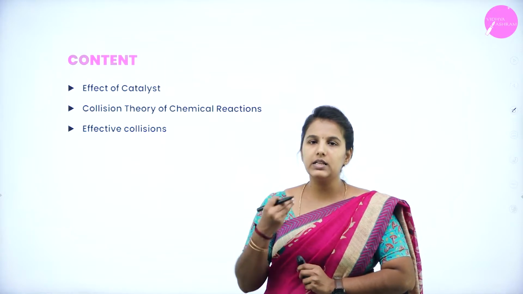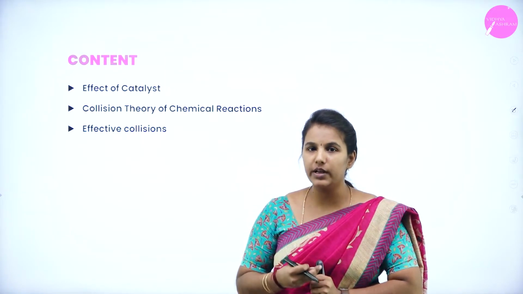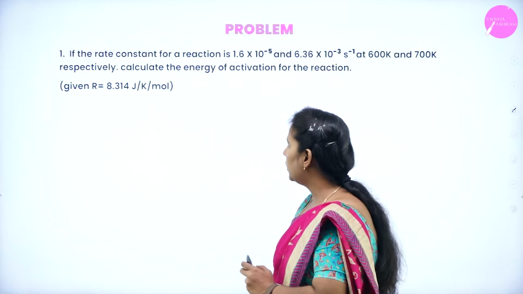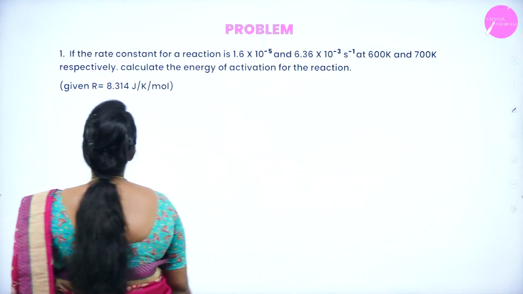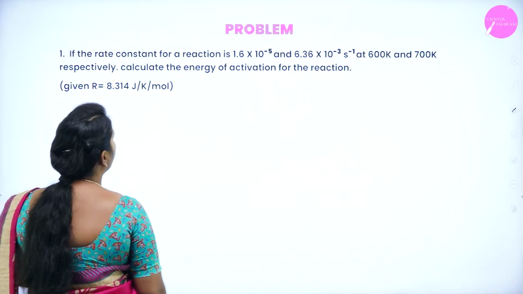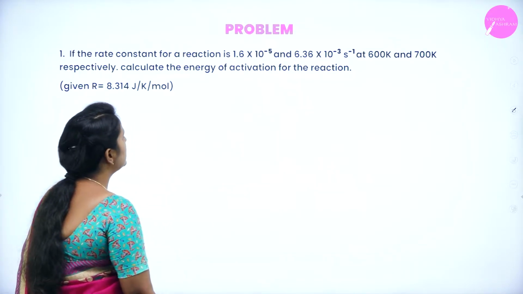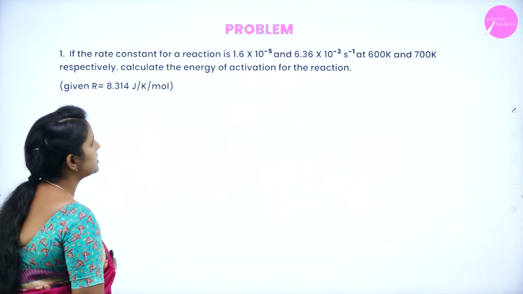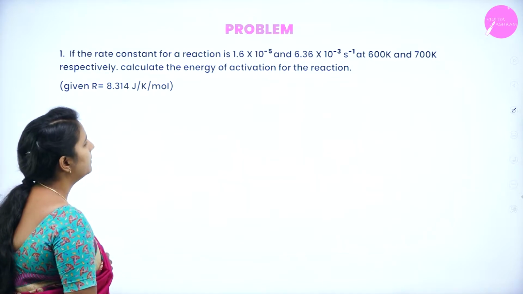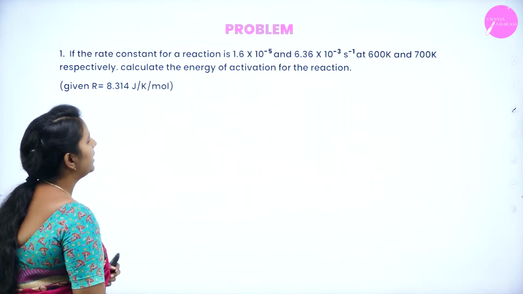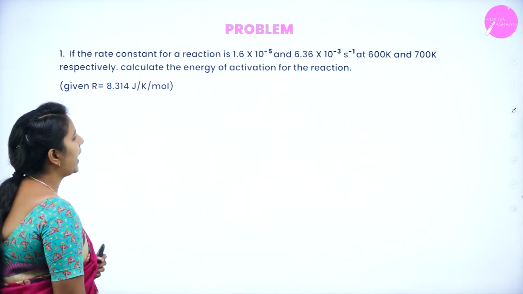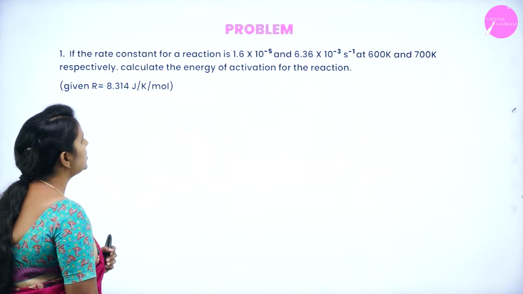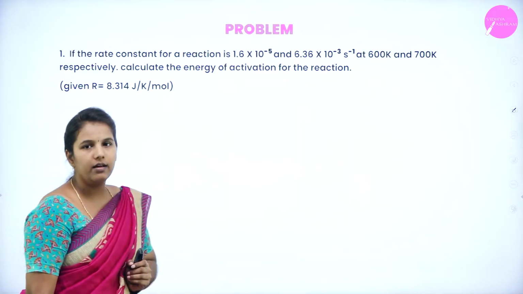Before that, let us discuss some numericals based upon the Arrhenius equation. So, what does the first numerical tell us? If the rate constant for a reaction is 1.6 into 10 to the power of minus 5 and 6.36 into 10 to the power of minus 3 per second at 600 Kelvin and 700 Kelvin respectively, calculate the energy of activation for the reaction.